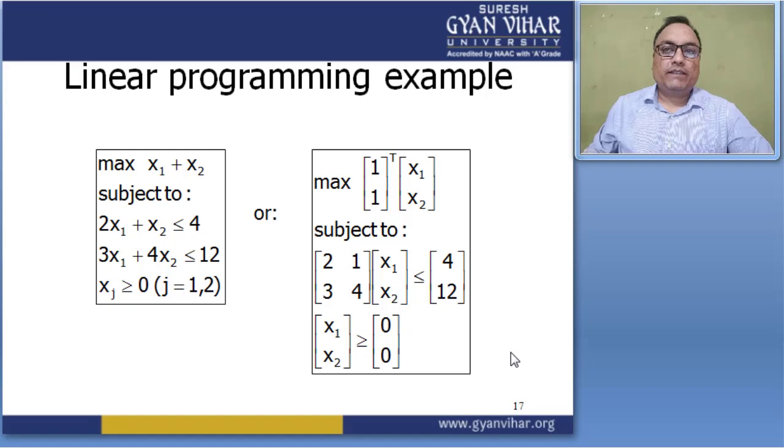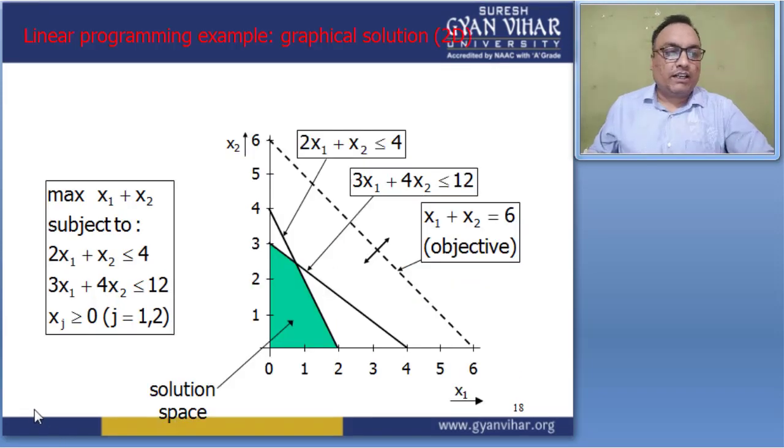So this is the main problem related to this set. We can draw this problem with the help of maximum x1 plus x2 subject to 2x1 plus x2 less than or equal to 4 and 3x1 plus 4x2 less than or equal to 12. We draw the two constraints here. This is the solution space, or the feasible region, of this problem.